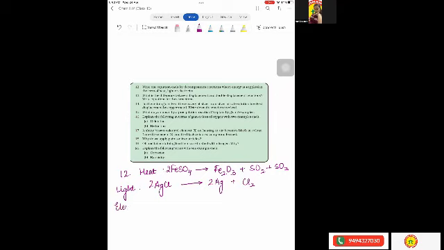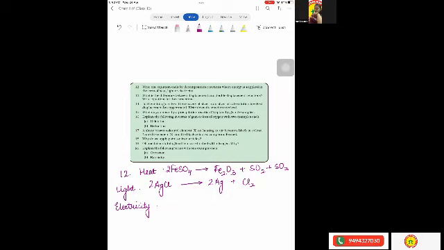Now electricity, Sai, you can tell me for electricity. Sai Siddhartha, are you there? Okay, Subhansh, tell. Electrolysis of water.